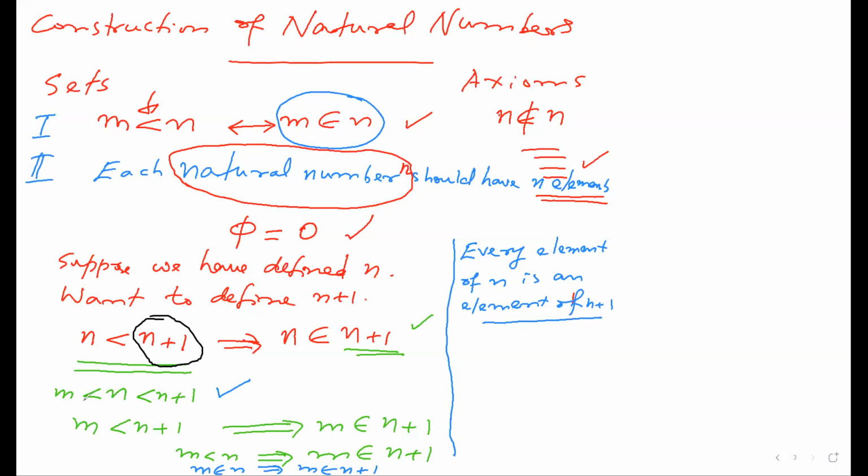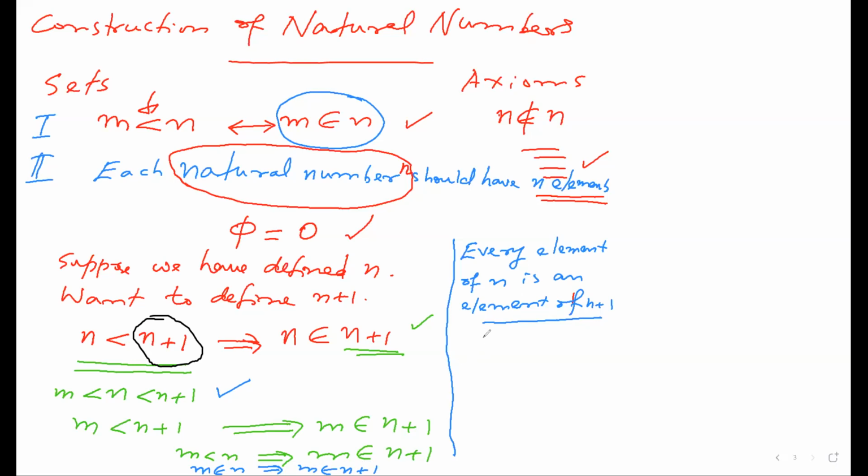Therefore, if m is less than n, and n is less than n plus 1, m is less than n plus 1. So if n is contained in n plus 1 and m is less than n, then m is contained in n implies m is contained in n plus 1.